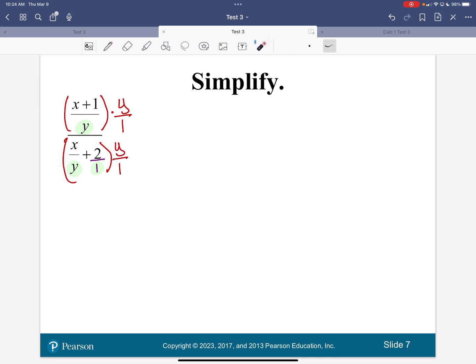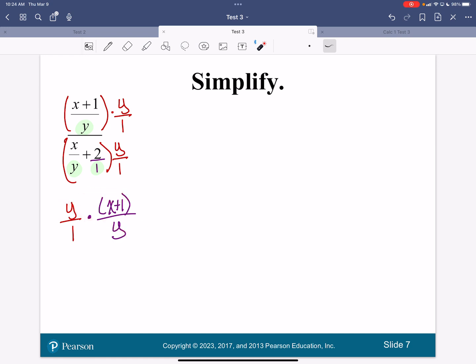Now, I want you to watch how I write this right here, because remember, this binomial is together. It's got to stay together. So I'm going to write this as y over 1 times this rational. That's x plus 1 over y. Don't distribute this y because we're about to just cancel it out.